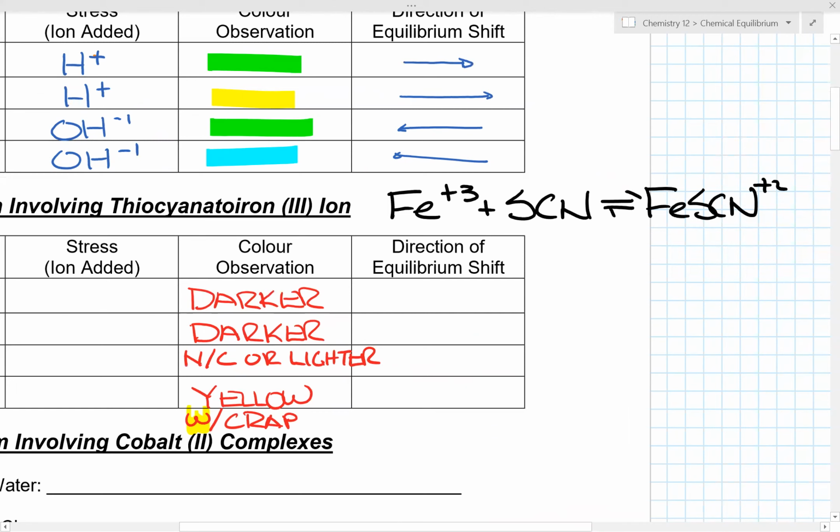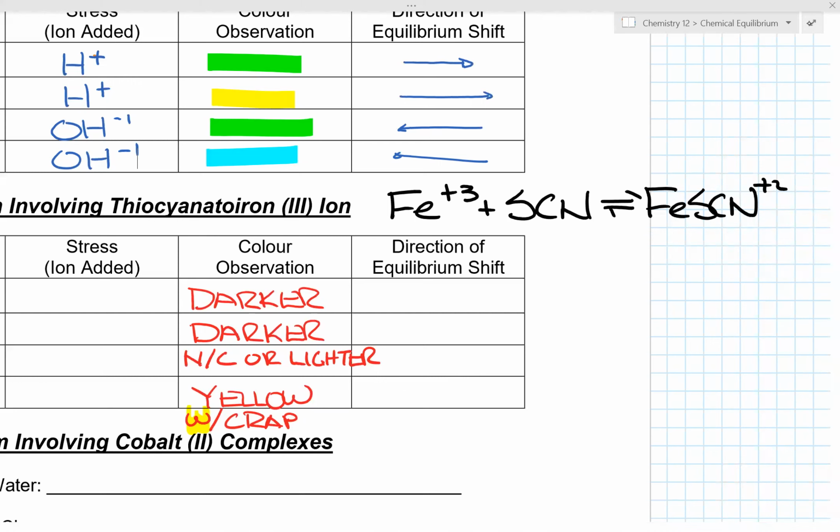Okay? That's the result you should have gotten. Now, you might say, well, Mr. Chan, what do you mean by darker, NC is no change, lighter, and yellow with crack? What do you mean by that?